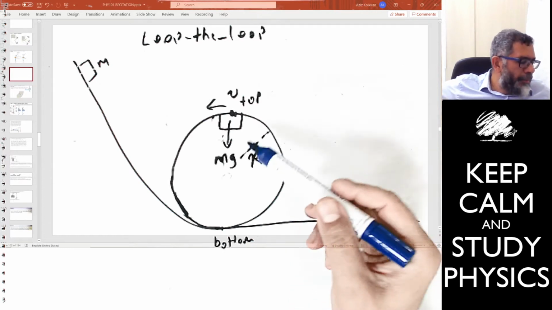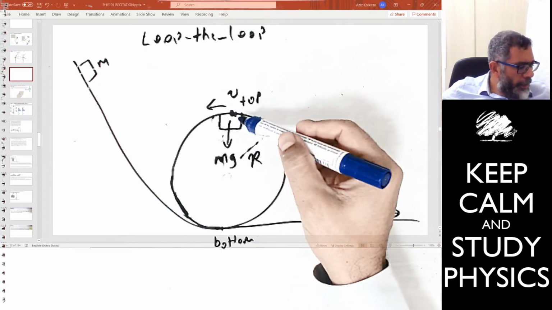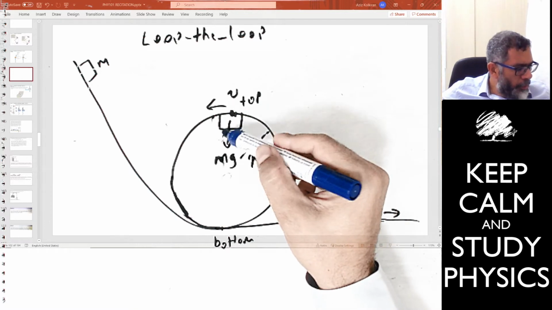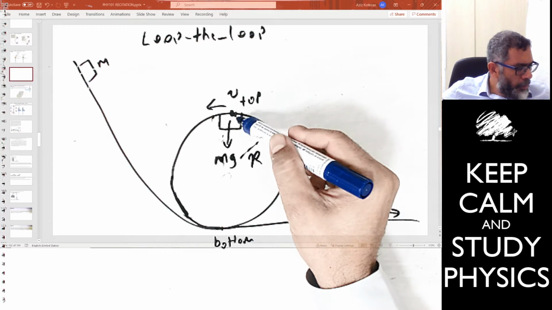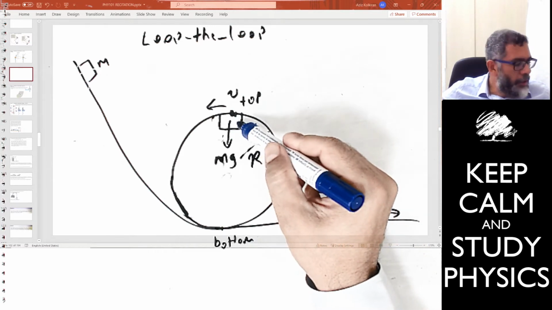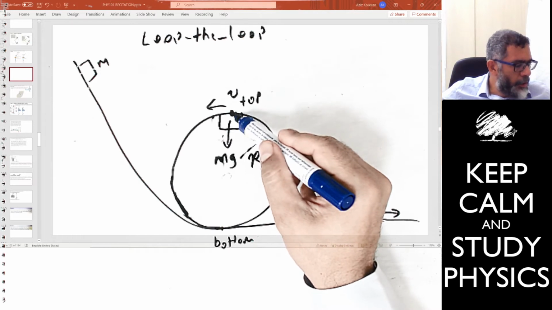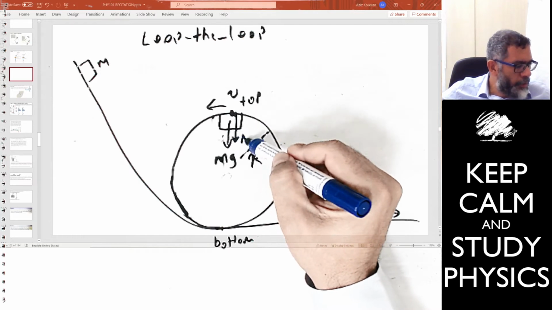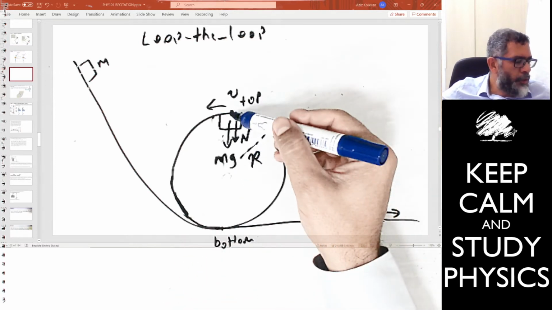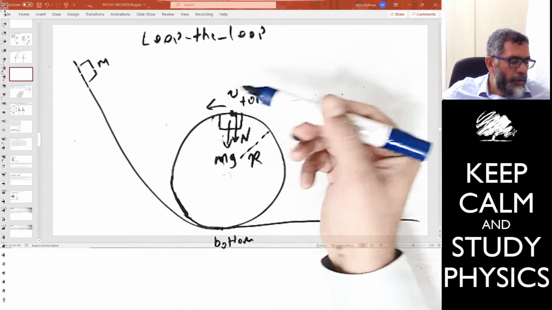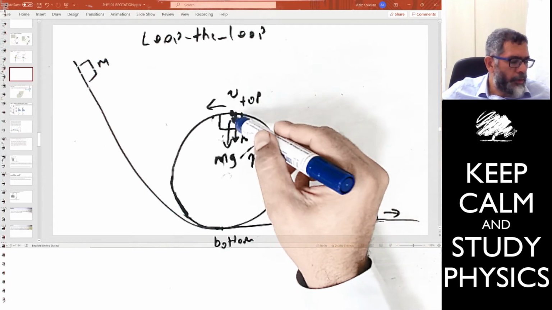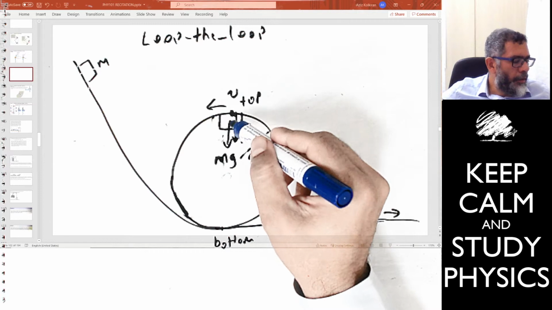We also have the normal force between the car, or the object, and the road. Since this normal force is acting on the object, it must be going in the downward direction. This is a very important point: if you drew this normal force upward, that would be the normal force acting on the road, not the object.